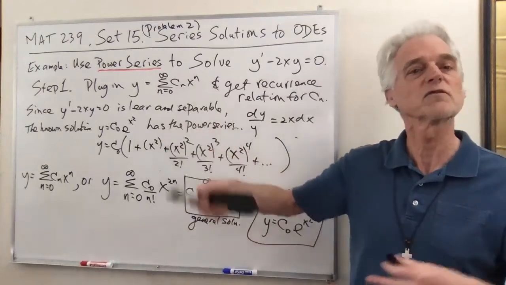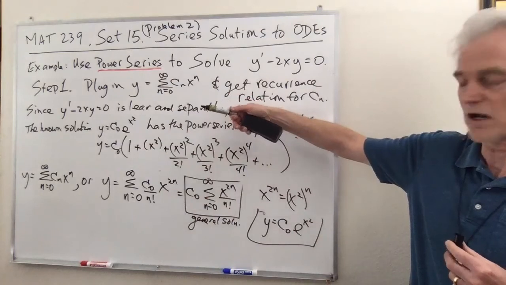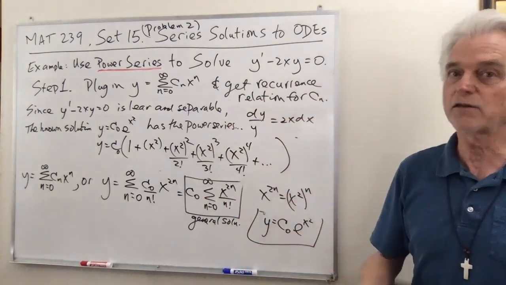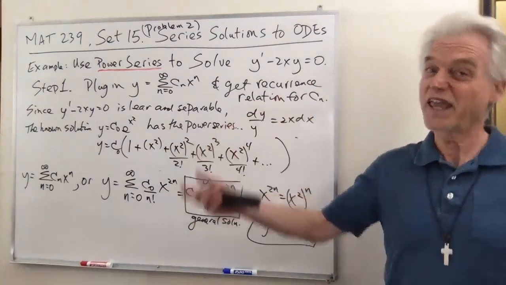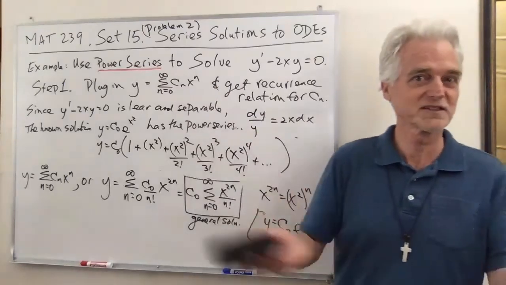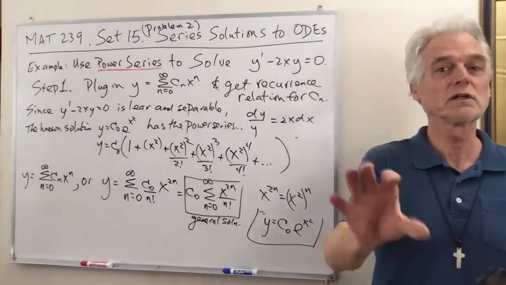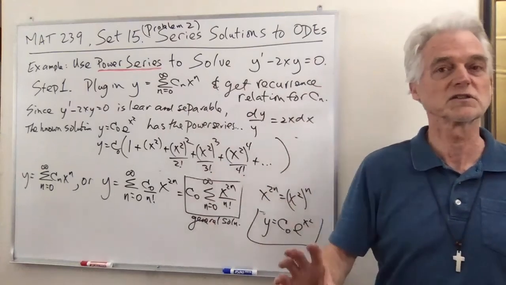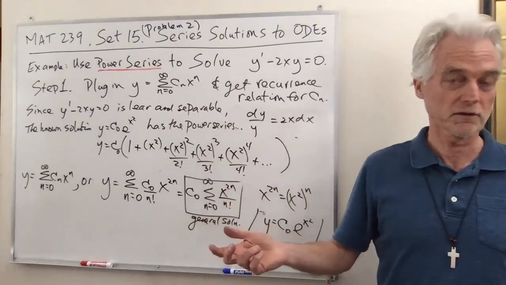So you can just go one by one and start finding all the Cn's. Sometimes you can find a pattern, sometimes you can't. To be honest, usually you can't, because if you could find a pattern for the Cn's, probably there's an exact solution that you just failed to find. And our real purpose for doing these series solutions is to find new solutions that we can't find by the other techniques we've already learned.